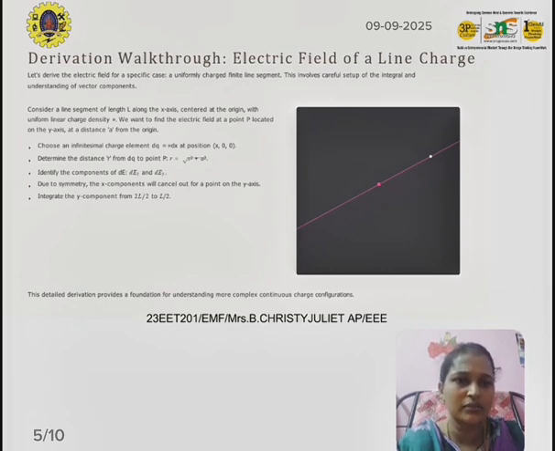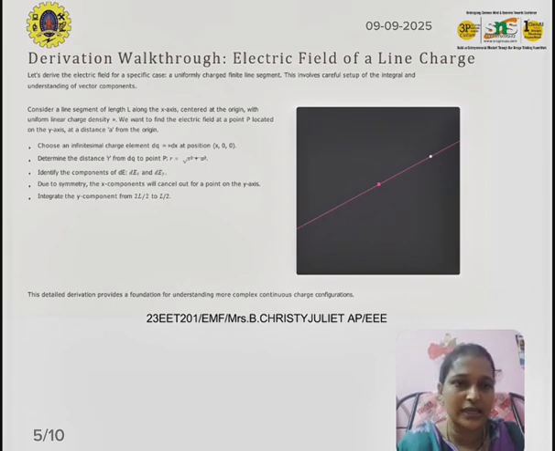In this line segment, let the length be L and the axis be X, and it is centered at the origin with uniform charge density, and we want to calculate the electric field at the point P located on the y-axis. Here we represent dq as dx, because that is the axis towards which the line is being projected.